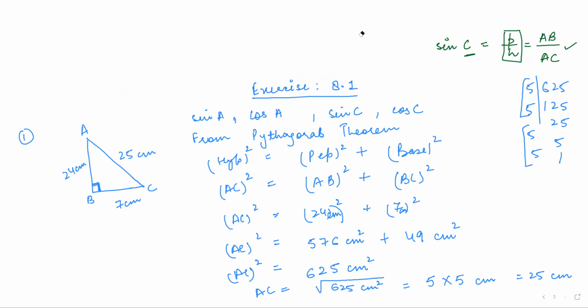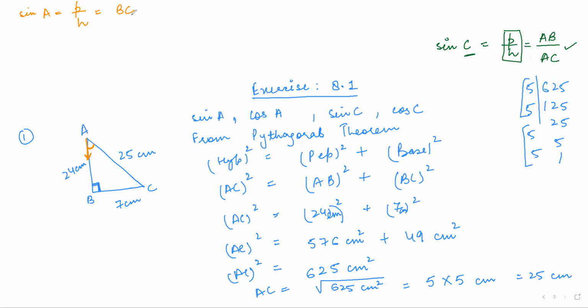Now you have to find sine of A. So sine of A formula is same, perpendicular by hypotenuse. Now I'm taking this angle A. So that means this side is base because it is one of the legs of the angle. So perpendicular will be BC. Understood? Okay.